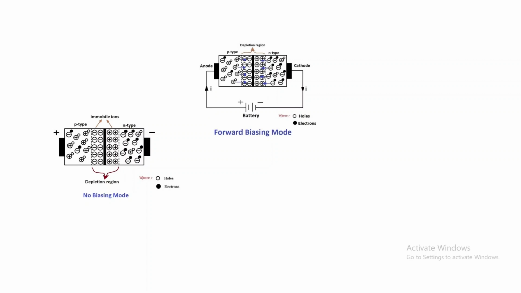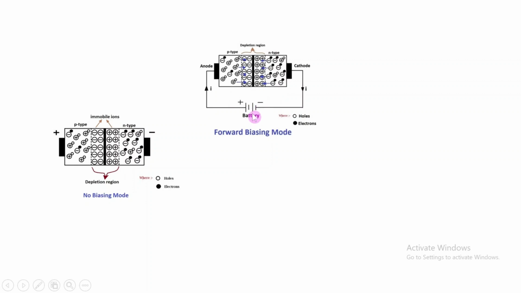Forward biasing. In forward biasing mode, we have the same semiconductor, and the physics behind it we have discussed in this lecture in more detail. So we connect the negative terminal of the battery to the n-type material and the positive terminal of the battery to the p-type region of the diode. I will call this material a diode because it is a combination of n and p-type material.